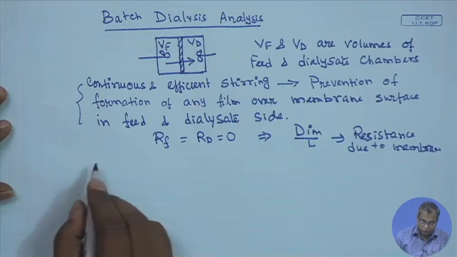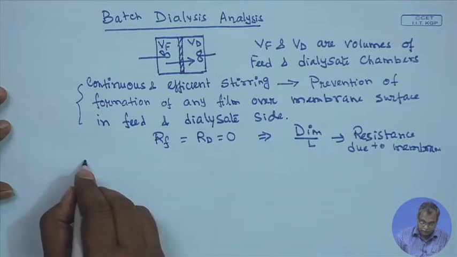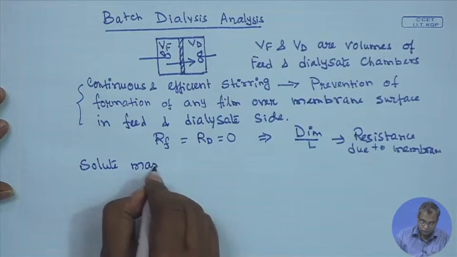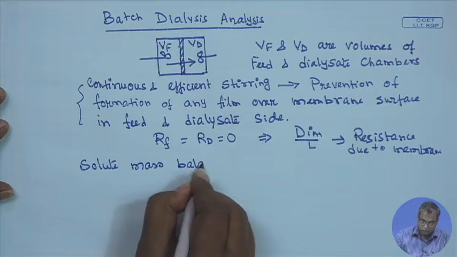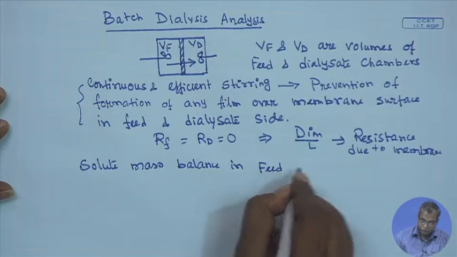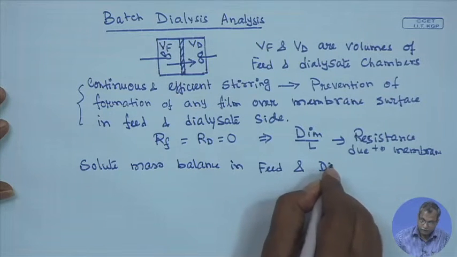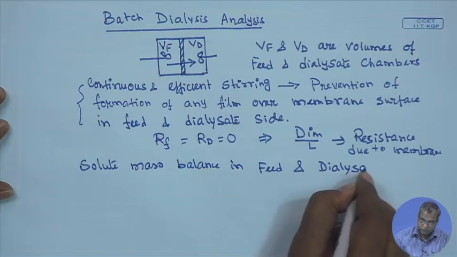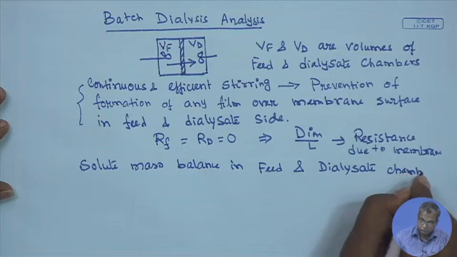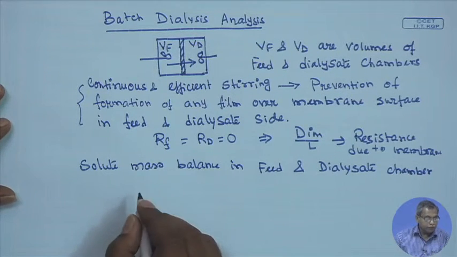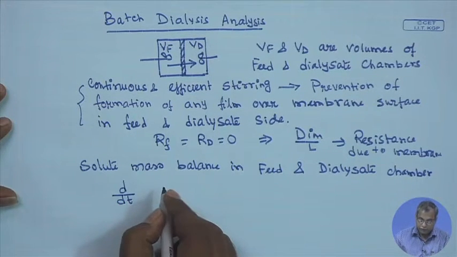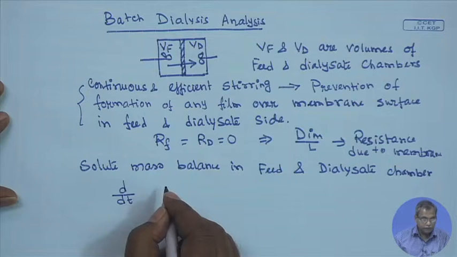Next, we write the solute mass balance in the feed chamber and in the dialysate chamber. If you do that, the accumulation should be the material that is coming into the system.